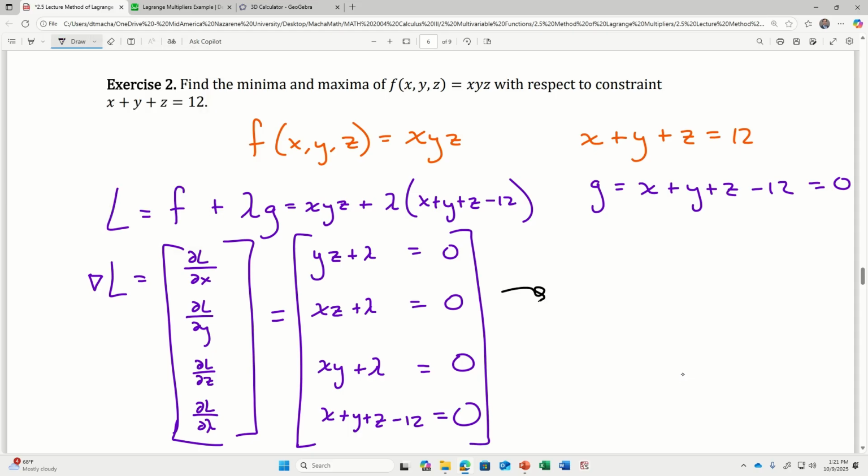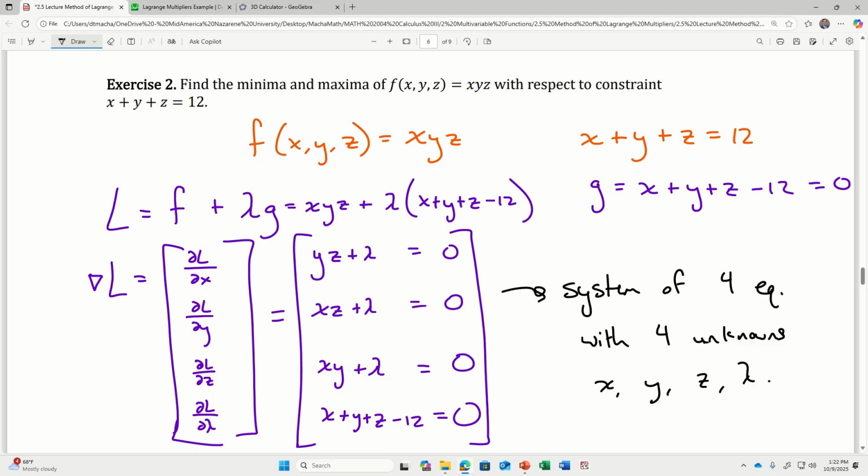So I have a system of 4 equations with 4 unknowns. That is x, y, z, and lambda.